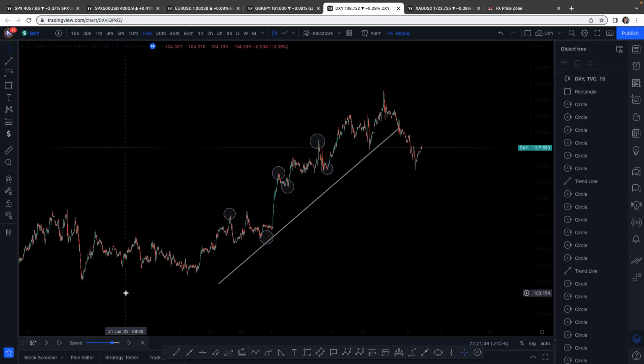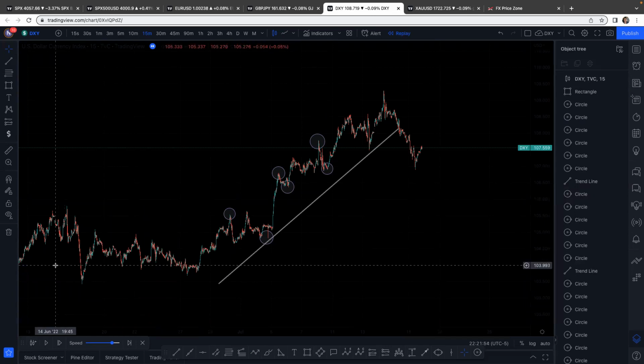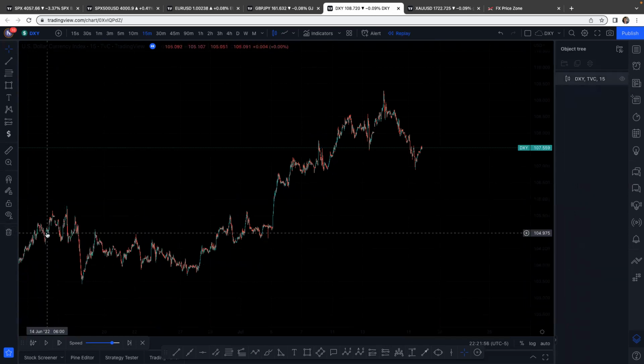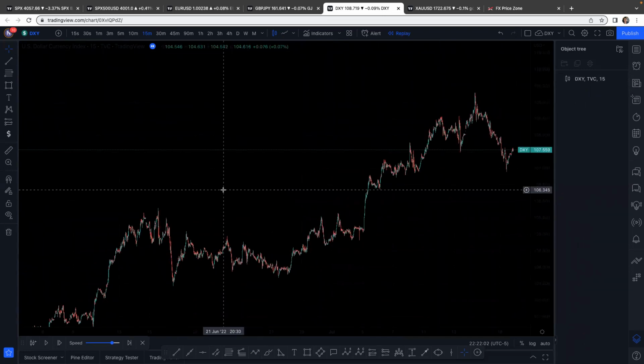So let me erase this. All right. Bring this back over. And so now, when I say obvious levels, we're looking for areas that have a strong move, either stopping or starting.